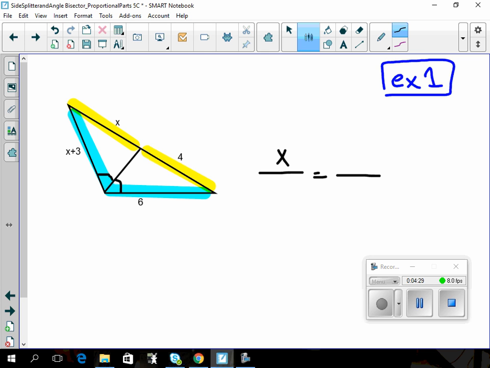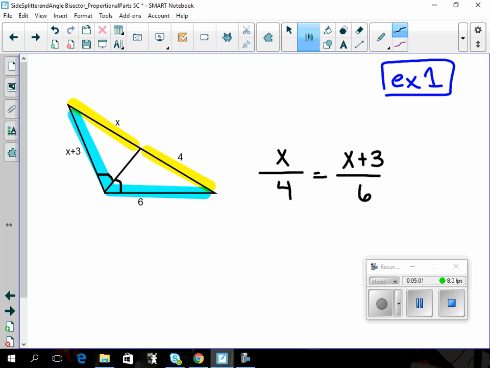X over what? What does X correspond to on the other part? X over 4 is equal to, since we started on the left, we're going to continue to start on the left. So I have X over 4, and then I have X plus 3 over, perfect. Okay? So how I set up the proportion is half the battle. Okay?